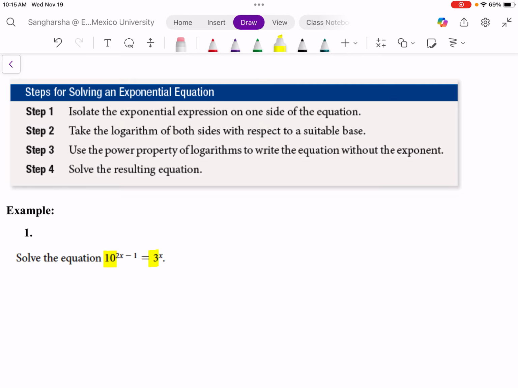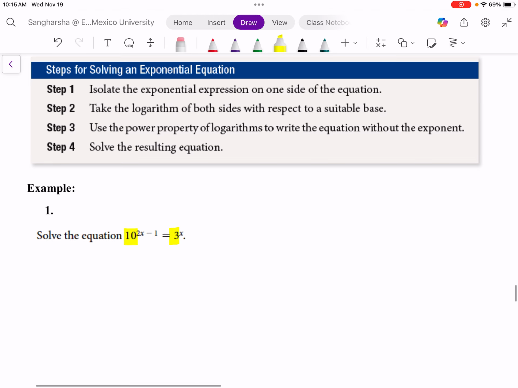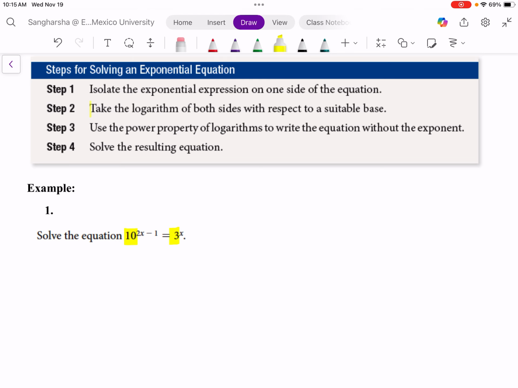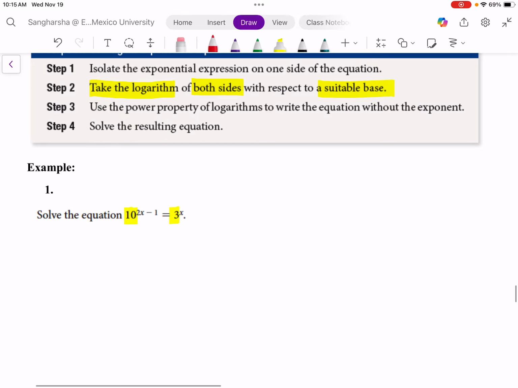If you cannot rewrite your exponential equation with the same base, then we have to take the log on both sides, with a suitable base. Here our base is 10. So let's take a common log on both sides. It means you apply the common log on both sides.